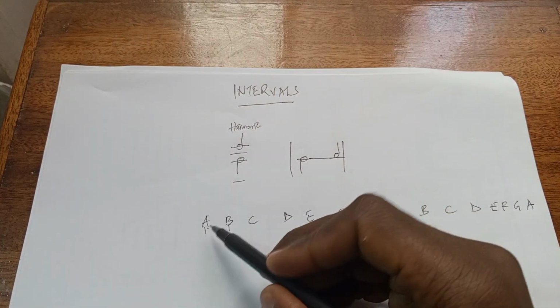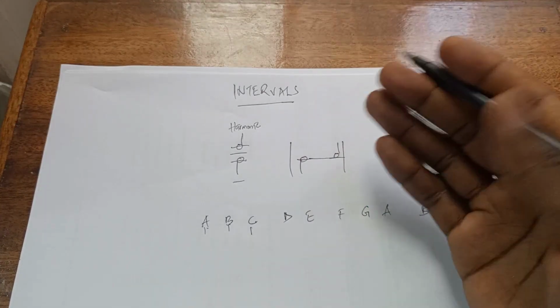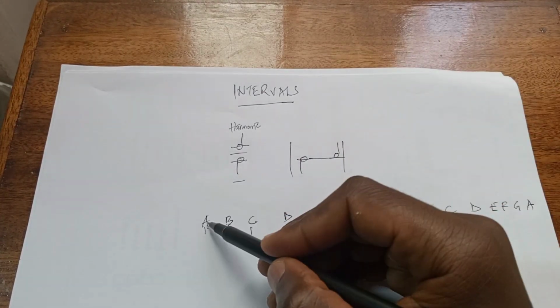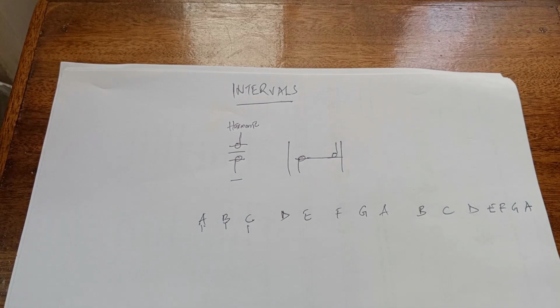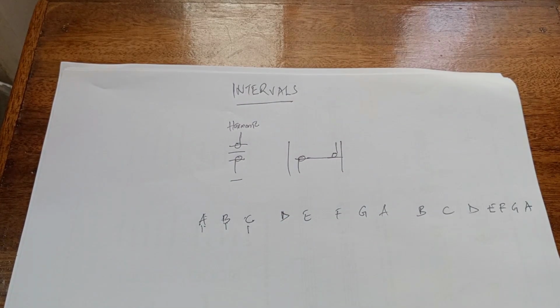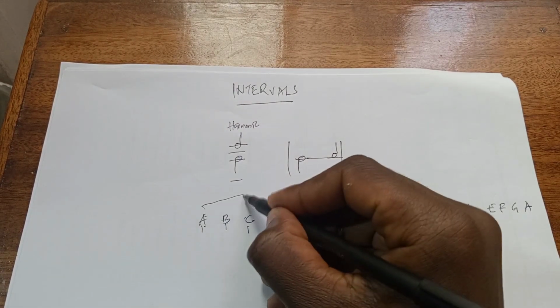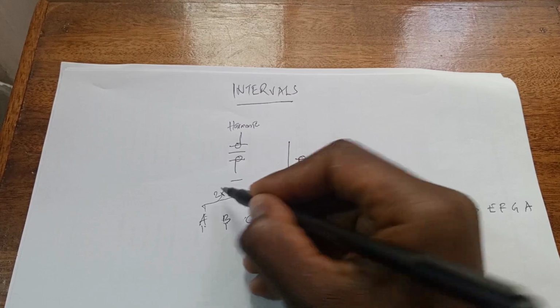If the interval is from A to C, how many letters do you have from A to C? We have A, B, and C, which gives you 3 letters. And those 3 letters make this interval a third. So by number, you are just going to count the letters between those notes.